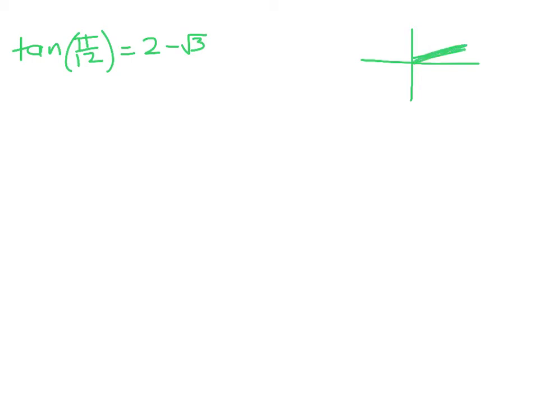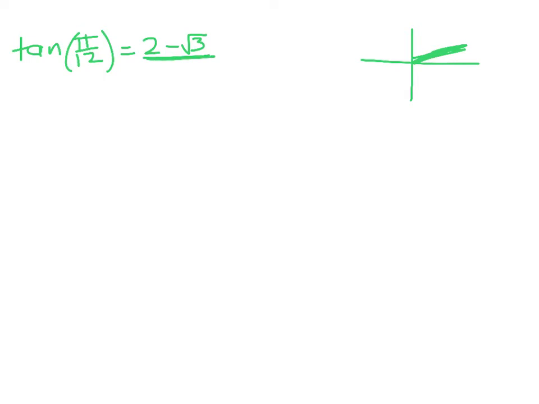Right, this is an exact values one. We want to show that tan of pi on 12 is equal to 2 minus root 3. So just before we get underway, let's just draw in an angle of pi on 12 here. So we're in that first quadrant, and we want to show that tan of pi on 12 is equal to this.